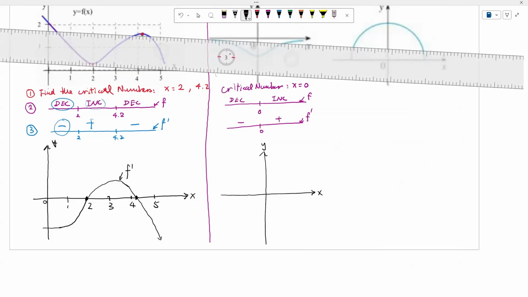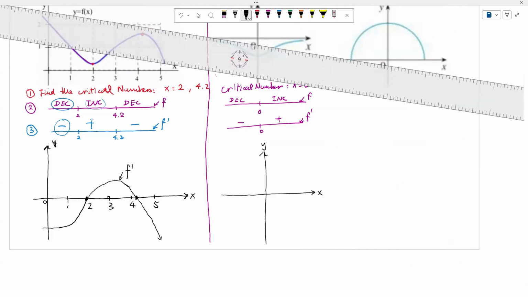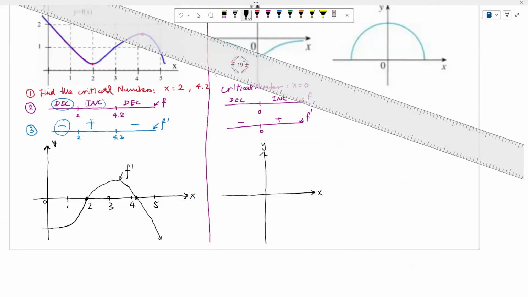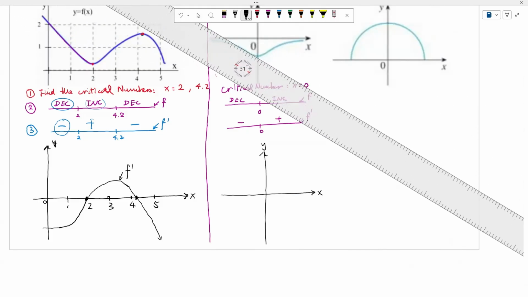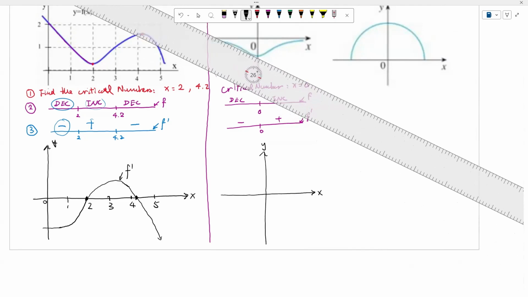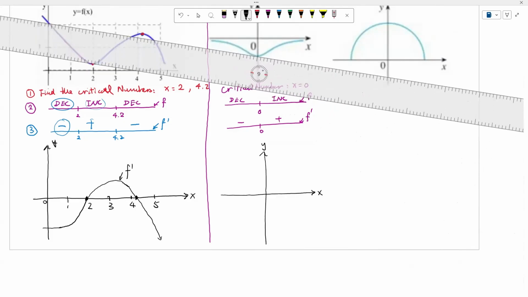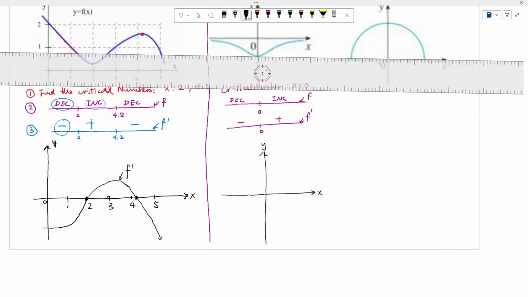Now you will see that, again, the slope of the tangent line is negative. Then it is more negative, more negative, and then somewhere here it turns less negative, less negative, and then to 0.